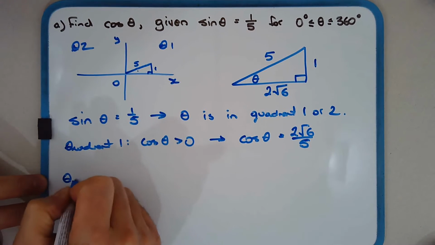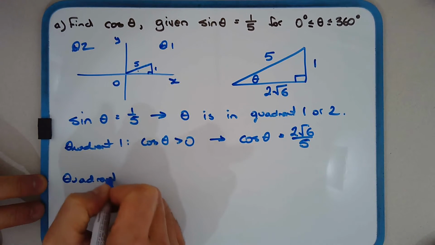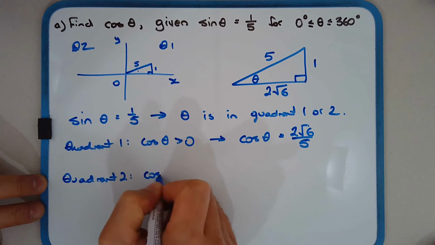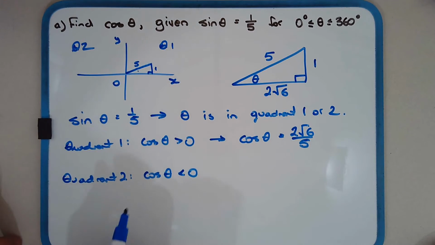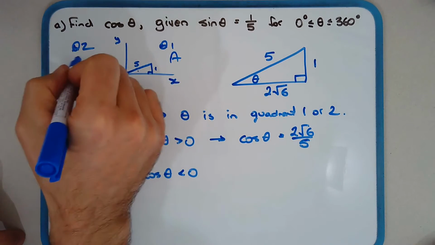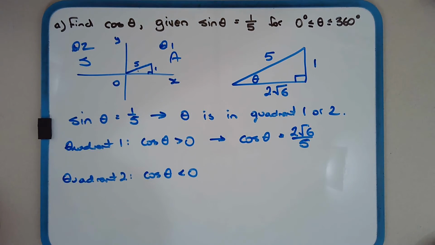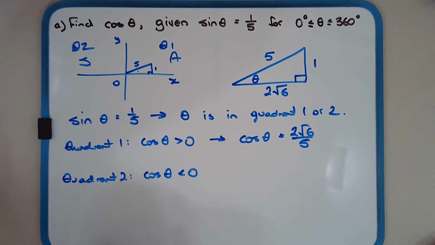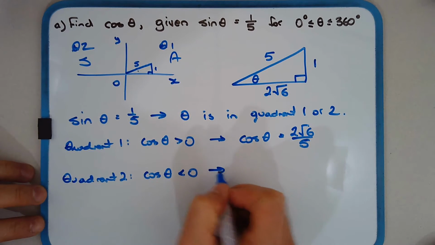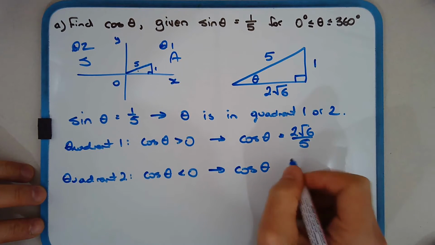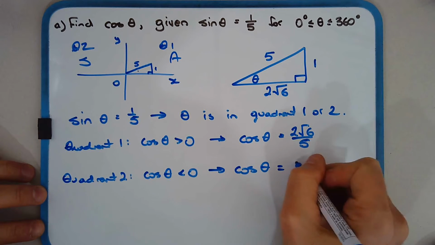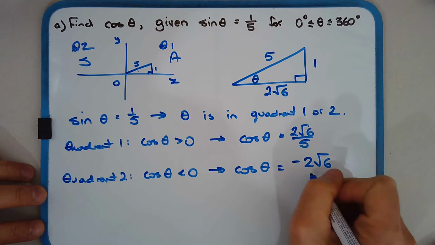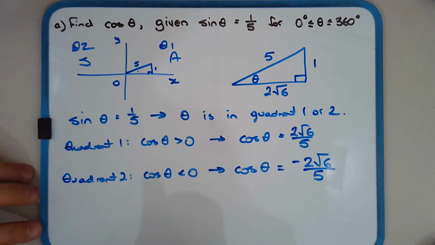And in quadrant 2, cos of theta will be negative, of course. You've got All Stations, right? Only sine is positive in quadrant 2, so cos of theta is negative. So the other possibility is negative 2 root 6 over 5.